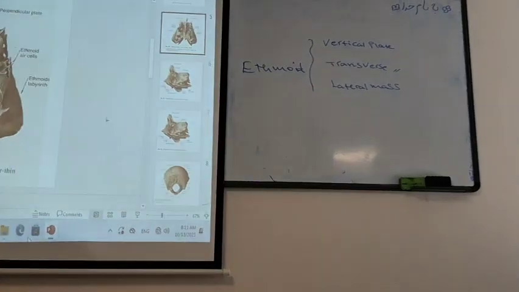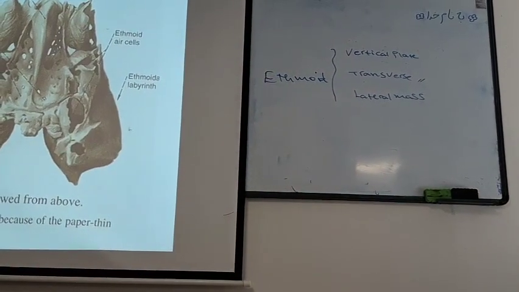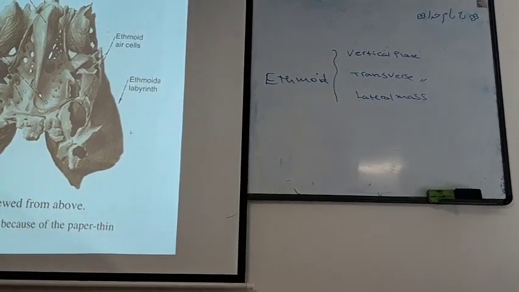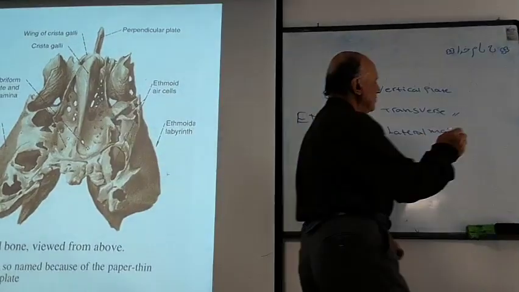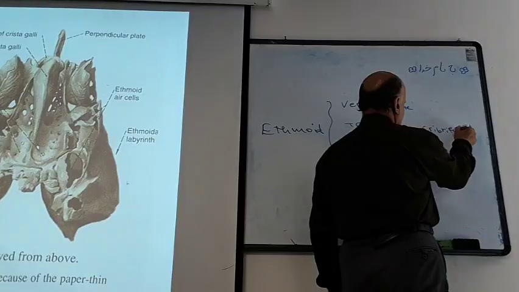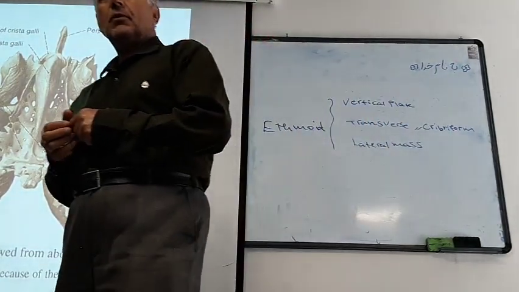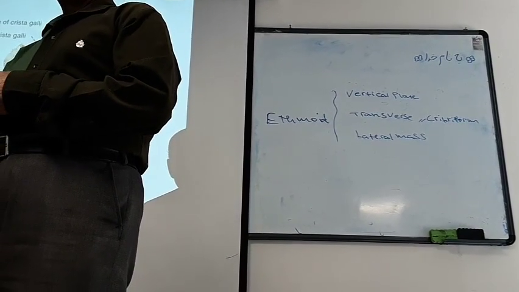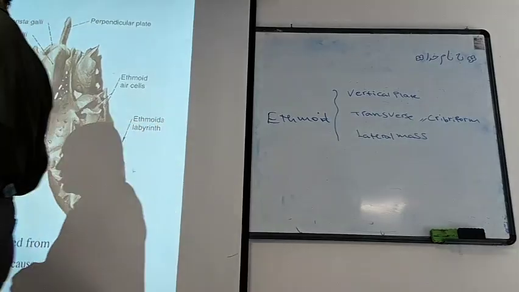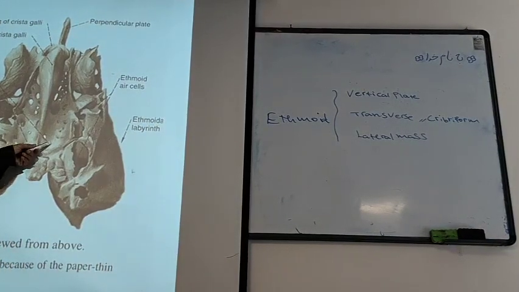It is ethmoidal bone from superior view. It is transverse plate or cribriform plate, because the transverse plate has many foramens.